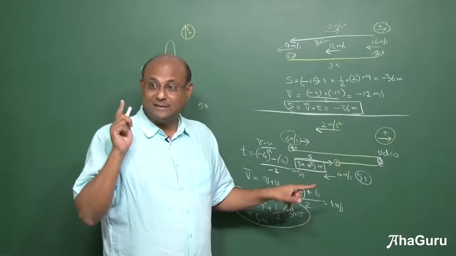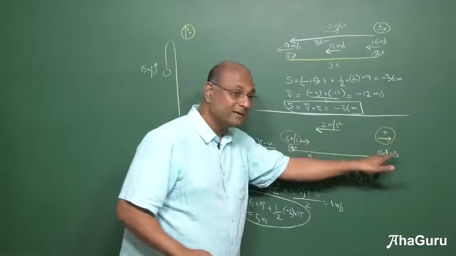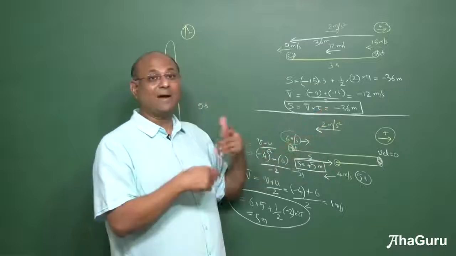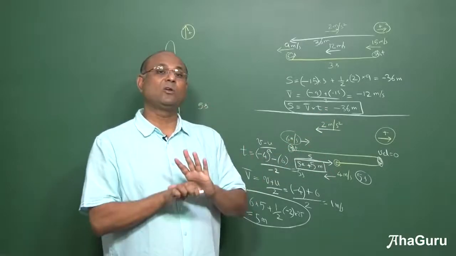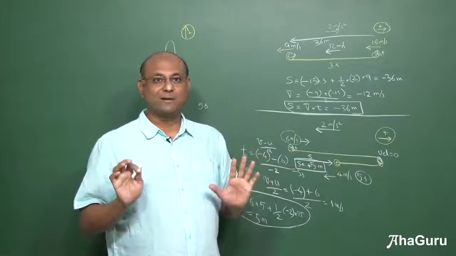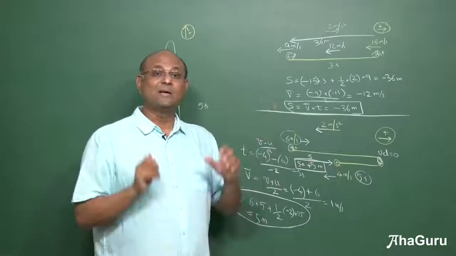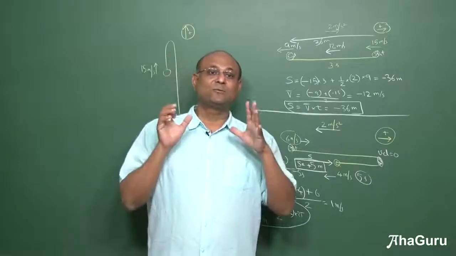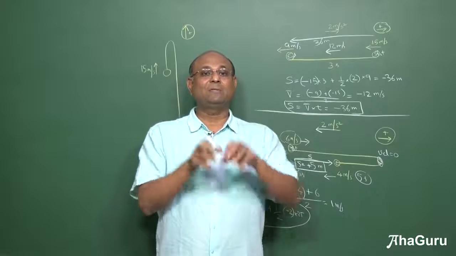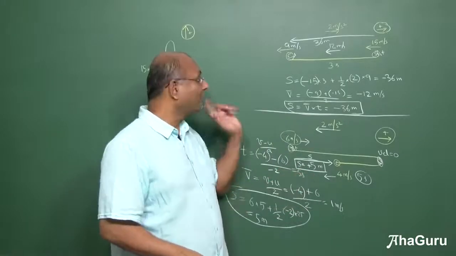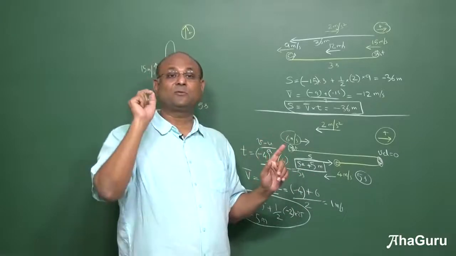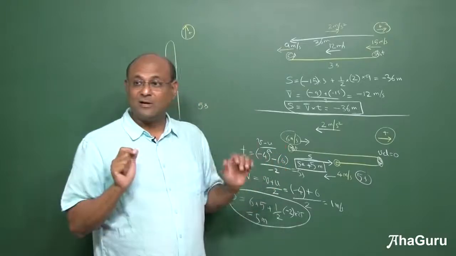But to calculate distance, I have to calculate that, and then this, and then add, which is a lot of extra work. So usually displacement is a lot simpler. That's one of the reasons we do this in physics. Physicists are lazy. In physics, we want to make life easy, and life is easy if you calculate displacement. The formula S equals ut plus half at square is for displacement, not for distance.